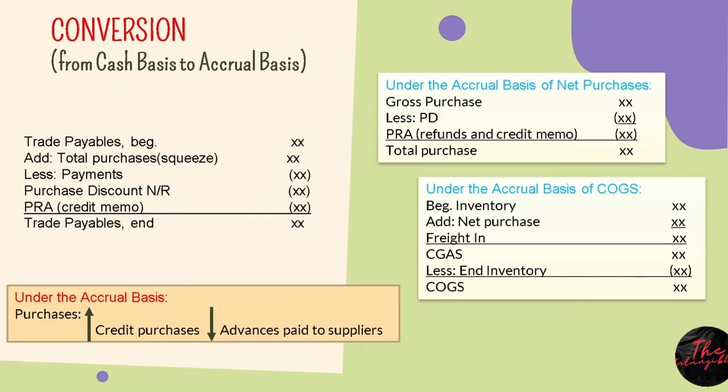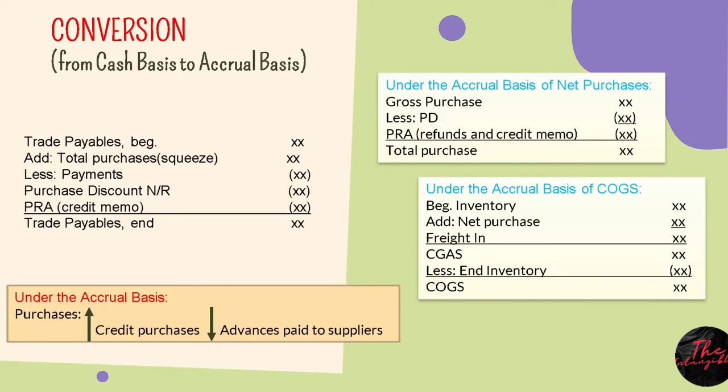Under the accrual basis of cost of goods sold, the beginning inventory, add net purchase, add freight in is equals to cost of goods available for sale, less ending inventory is equals to cost of goods sold.